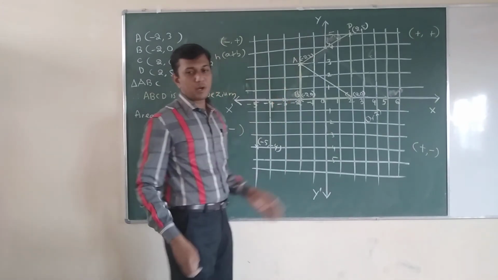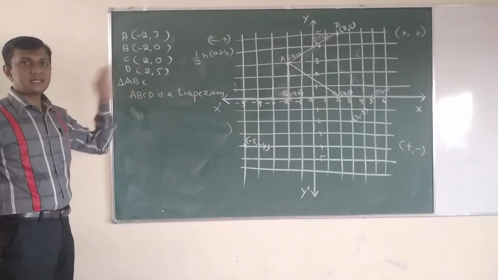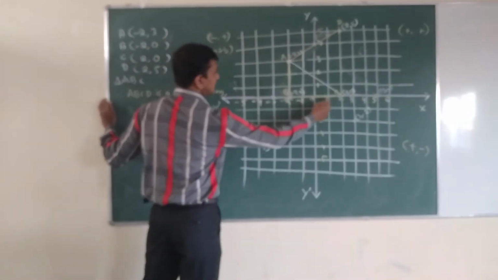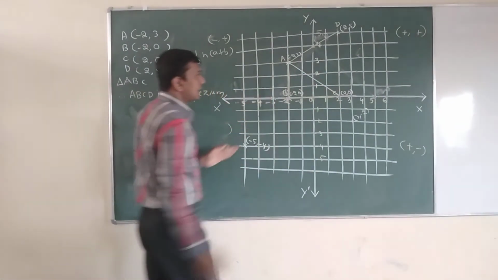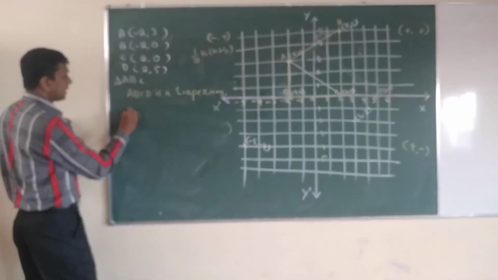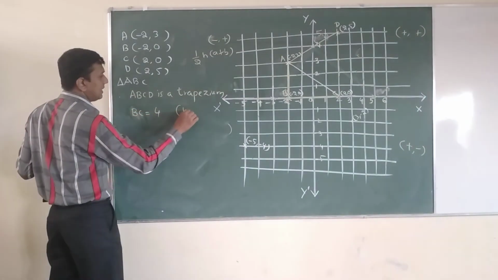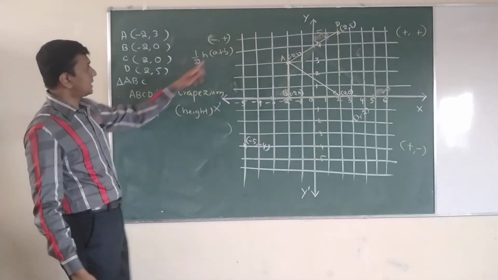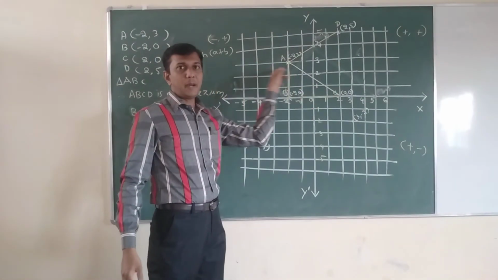That's why we have to take these two lengths, and we have to consider this one as the height. Okay, let us do that problem also. So let us know the lengths of these sides. For this trapezium, this will be the height. So what is the height? Height is nothing but BC, 4 units. Next, small a and small b are the parallel side lengths.